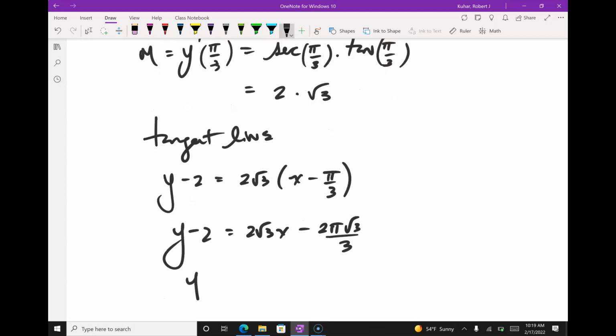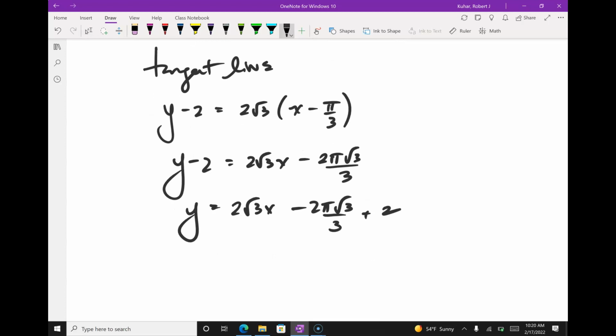I'm going to add 2, which is what, 6? There's my tangent line.